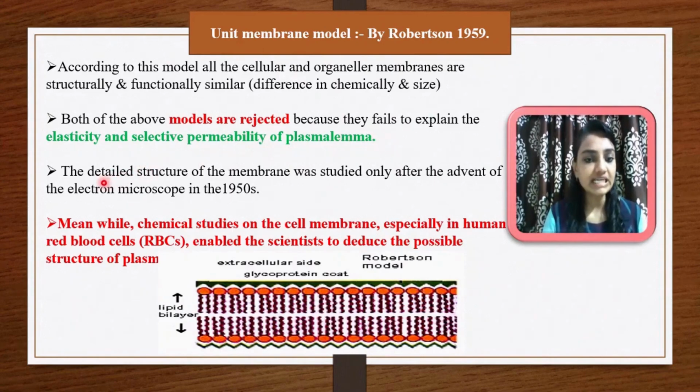The detailed structure of the membrane was studied only after the advent of the electron microscope in the 1950s. Meanwhile, chemical studies on the cell membrane, especially in human red blood cells, enabled scientists to deduce the possible structure of the plasma membrane.